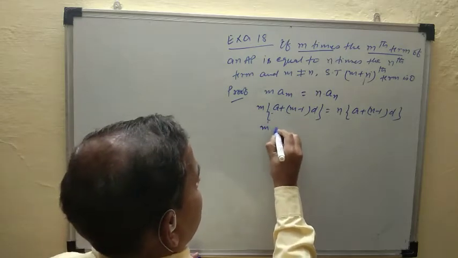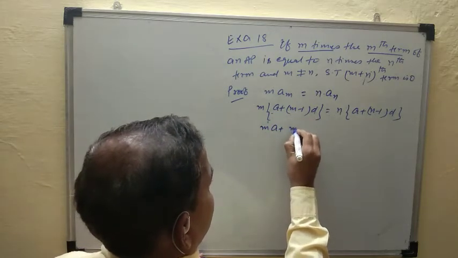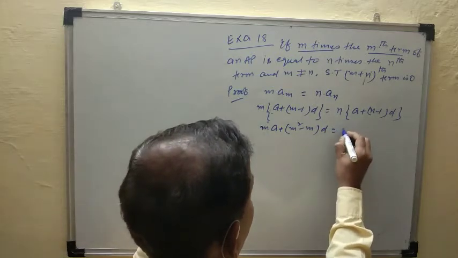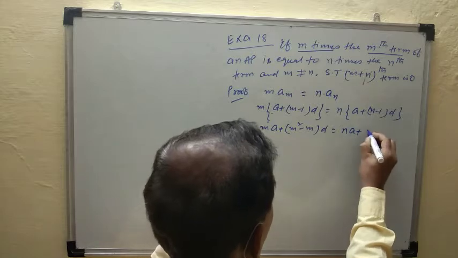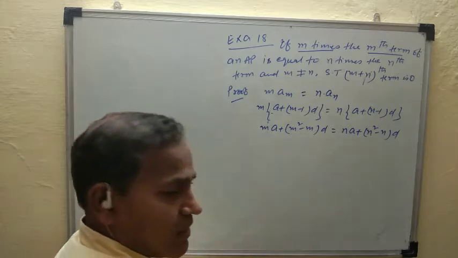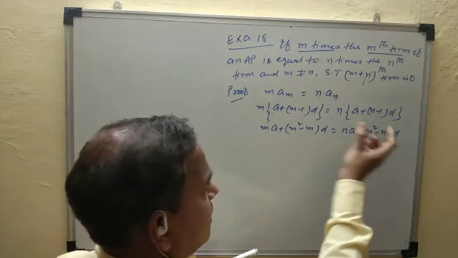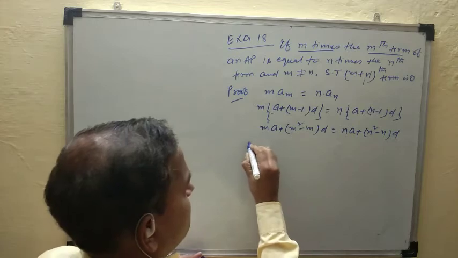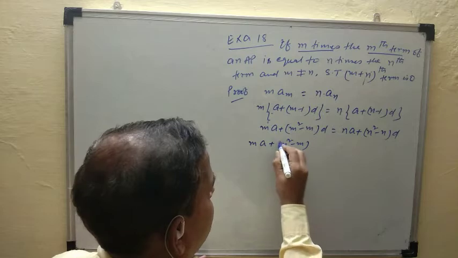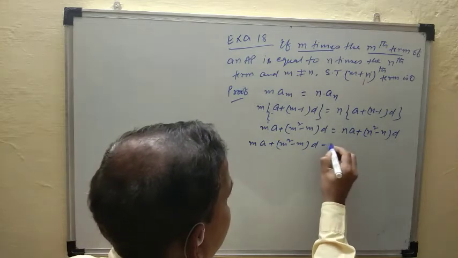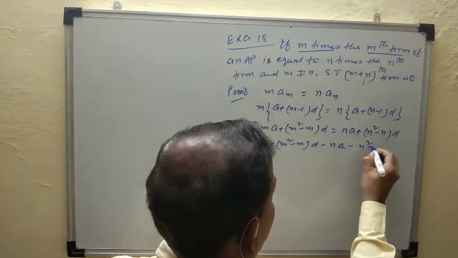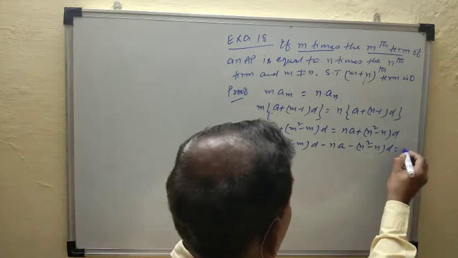So open the bracket, then ma, here multiply (m square minus m) into d, open the bracket, then na, here multiply (n square minus n) into d, and taking all these terms on the left side. So ma plus (m square minus m) into d, taking to the left side becomes sign minus, so na and minus (n square minus n) into d is equal to 0.